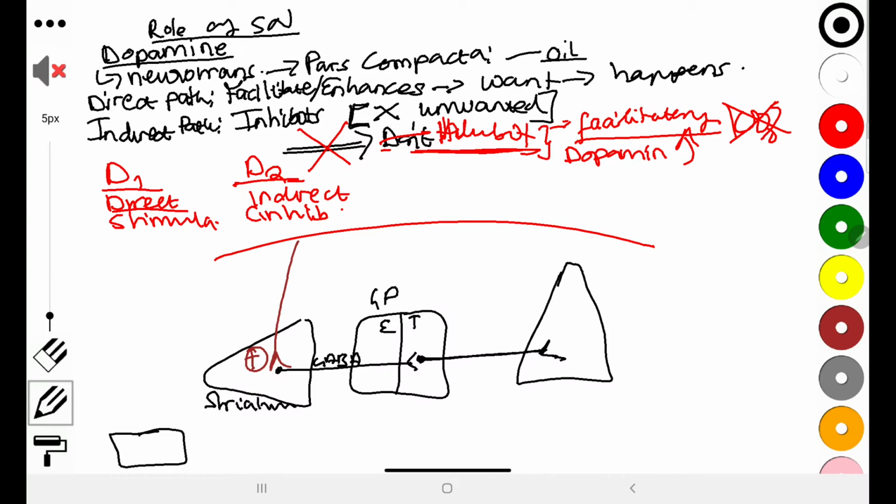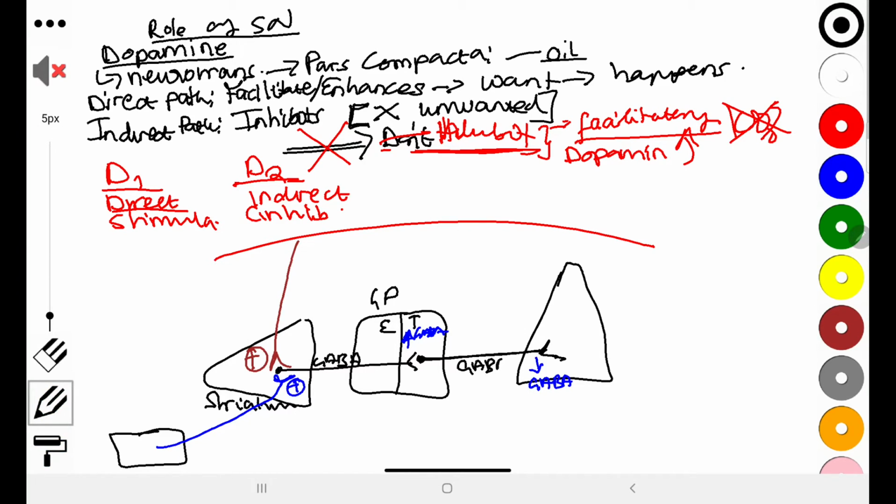But what happens is right here you have a secondary stimulation. So these are stimulated even more, so there is even more GABA. If there's more GABA, it means that here there will be less GABA, because this is GABAergic as well.